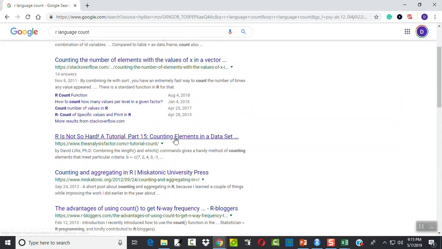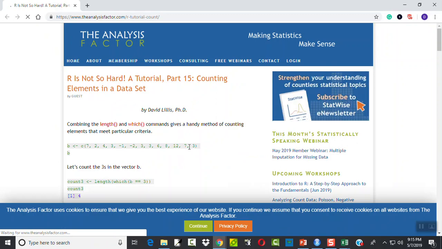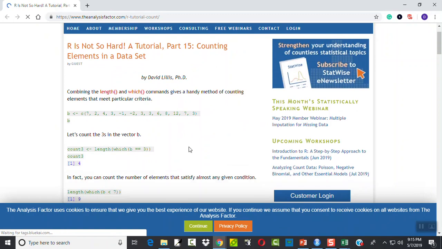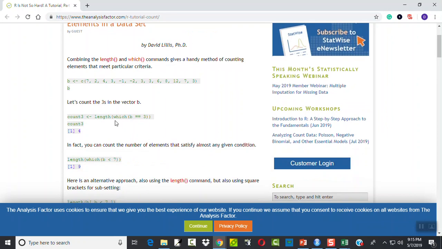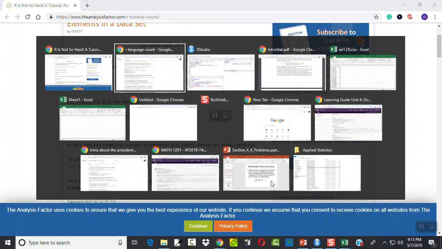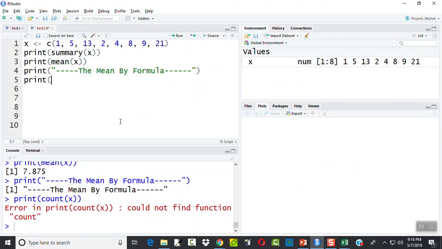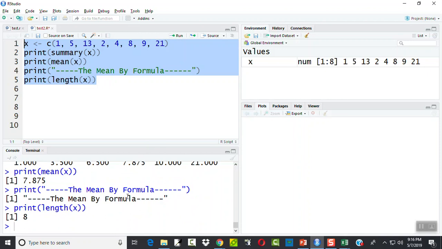Let's see. Counting elements in a data set. I don't count length. There it is. So print length of x. I've programmed long enough I should know that. 8. Okay, that's the one I needed.